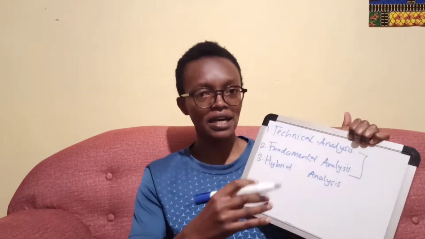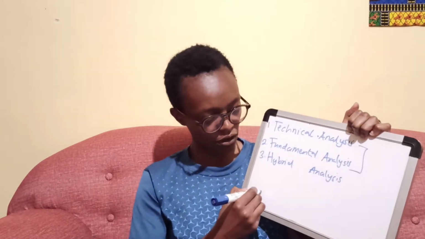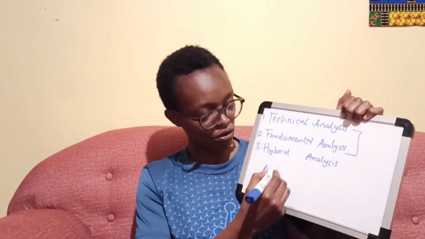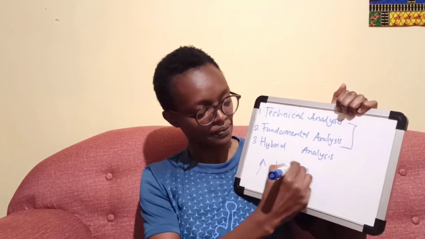But before we explore these different approaches, let's refresh our minds and go back to basics. The whole thing about forex trading is all about the prediction of price movements in the forex market. Price largely moves in three ways in the market. It's either going to move up, it's either going to move down, or it's going to move sideways.